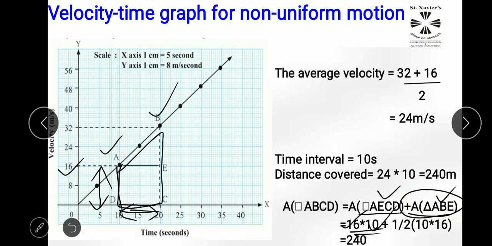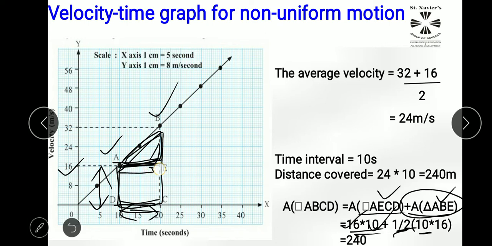We know area of triangle ABE is equal to half into base into height. So here half, 1 upon 2, into base. Base AE is equal to DC and that is 10.